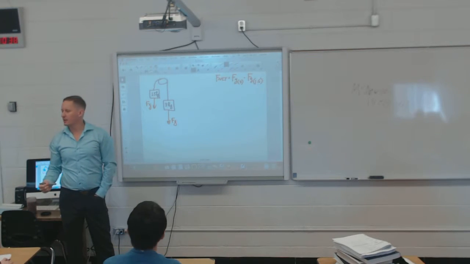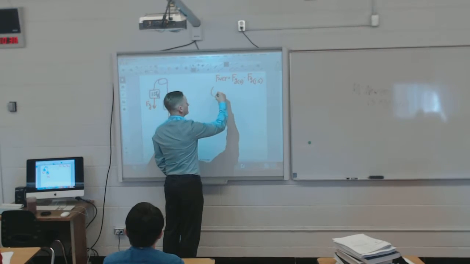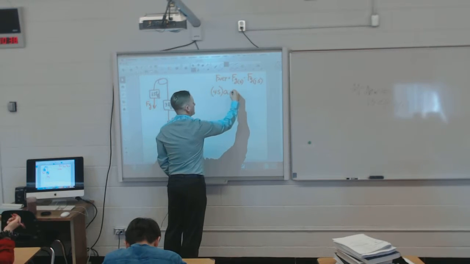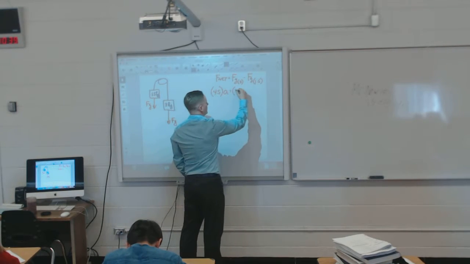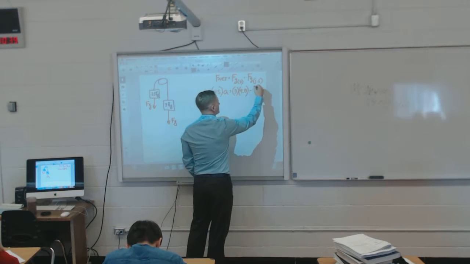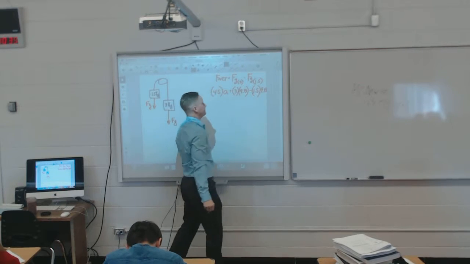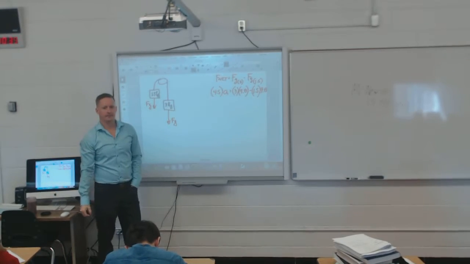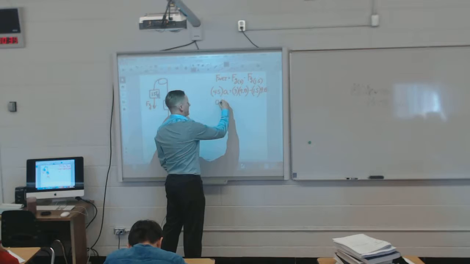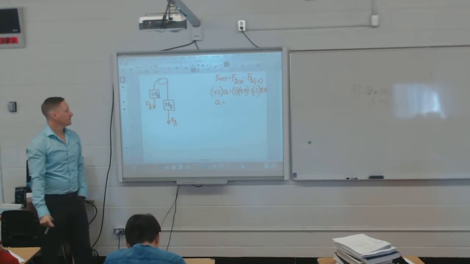So both masses are now moving, right? So what's the combined mass? 4.5. 4.5 a equals 3 times 9.8 minus 1.5 times 9.8. So I can get my acceleration of the two here.